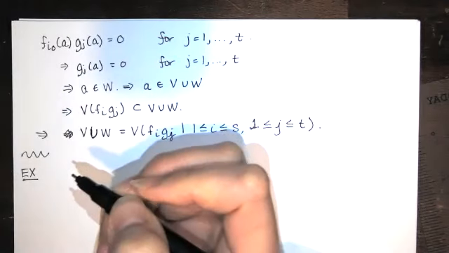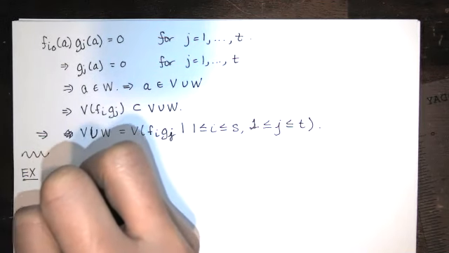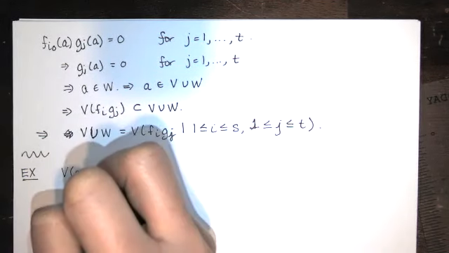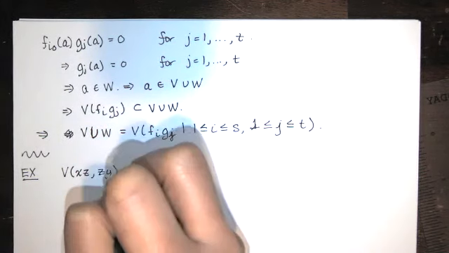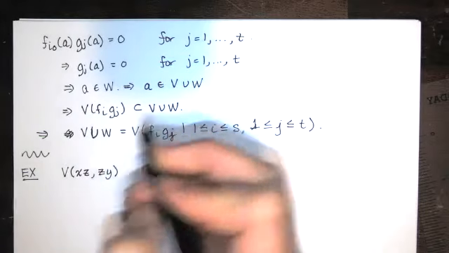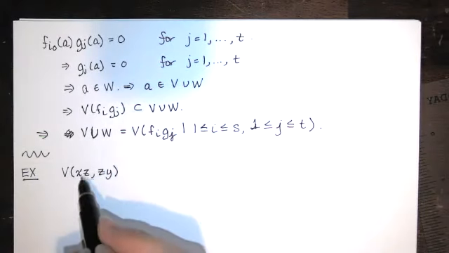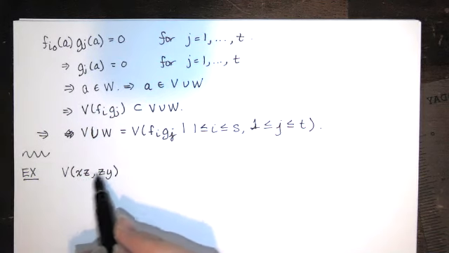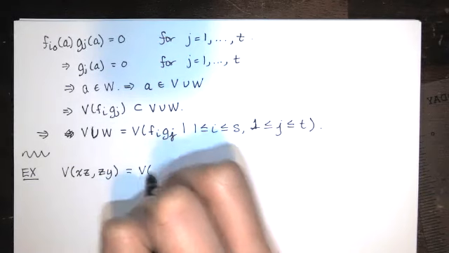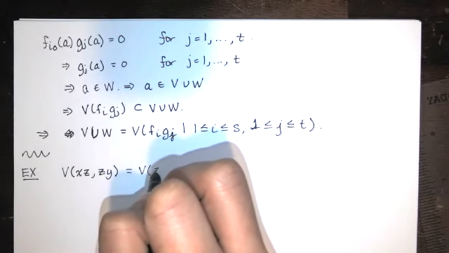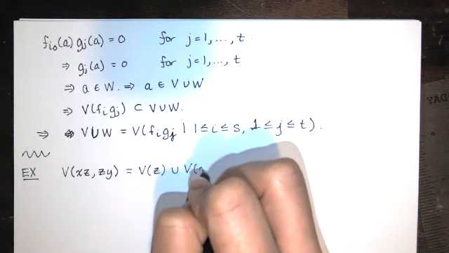When we looked at this variety, we had x times z as one polynomial function and z times y as a different polynomial function. Well, notice that this is a product. I've got x and y here, and they're both being multiplied by z. So it turns out we can think of this as the union of this variety and this variety.